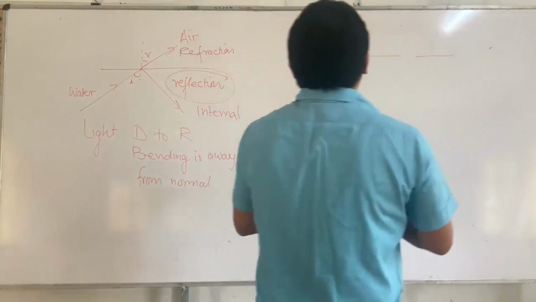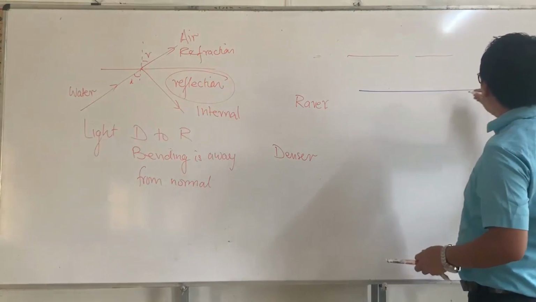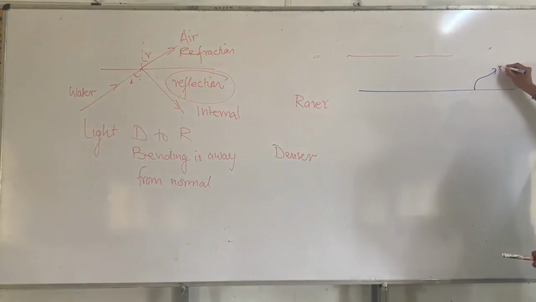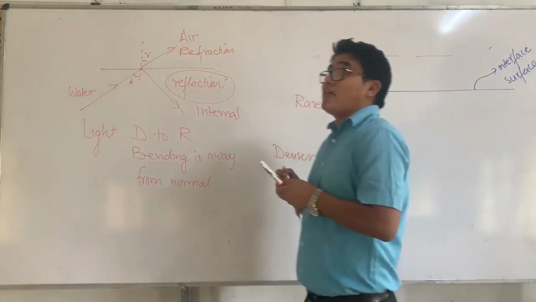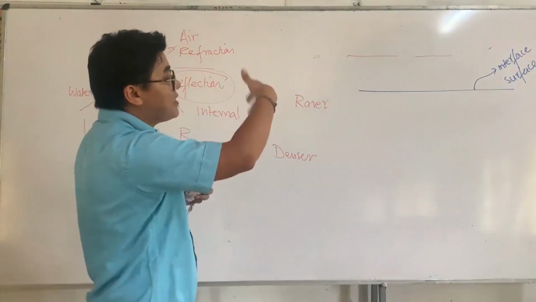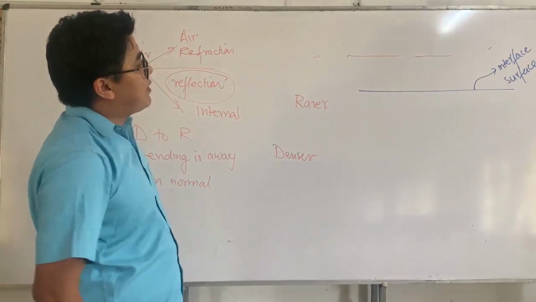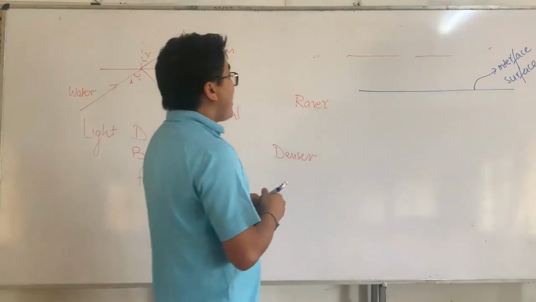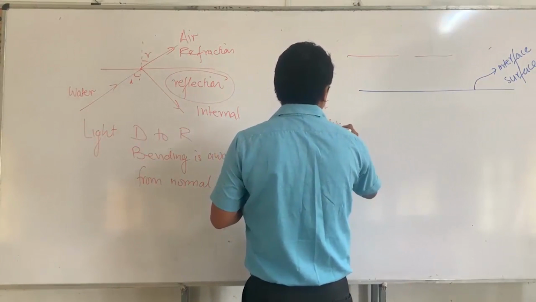then I take this. This is the interface surface. Interface surface is a surface which divides two media. Right? This is something like a border between two media. And this is the denser medium, let's say water medium.